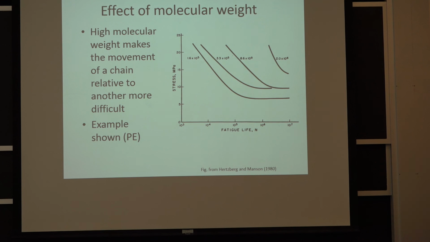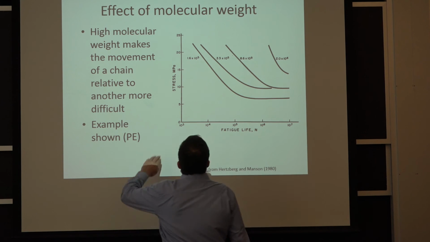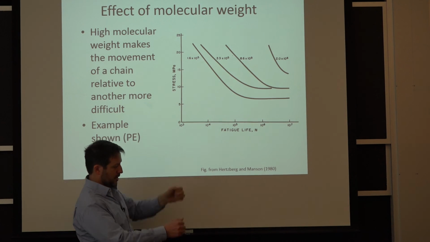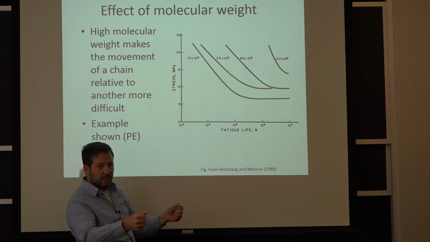So one last concept that will appeal to you, hopefully, and go back to this initial discussion today about the stress-strain curve. We're looking at the effect of molecular weight on the time to fail. Over here we have the load that we're putting on, and we're putting the load, taking it off, fatigue loading.